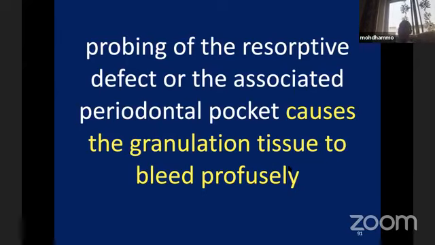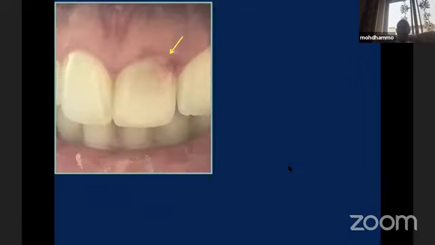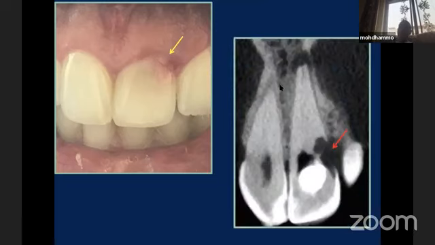So a lot of bleeding when we check this pocket. Like here, when I check this, we have a pink spot here. When I check this defect, there is huge bleeding because of the granulation tissue which filled the resorptive part here. And you can see here with the cone beam this perforation due to resorption.